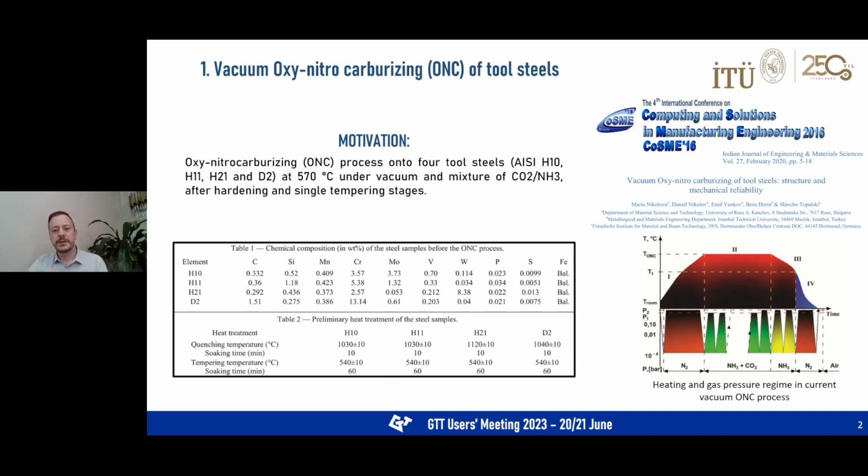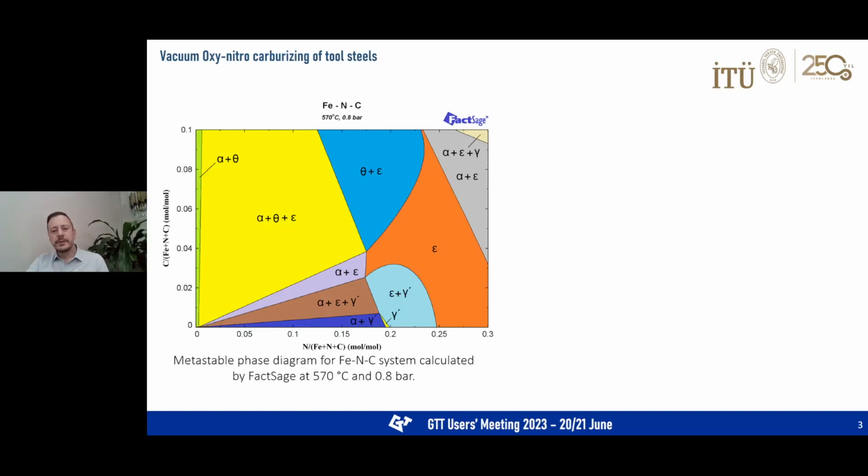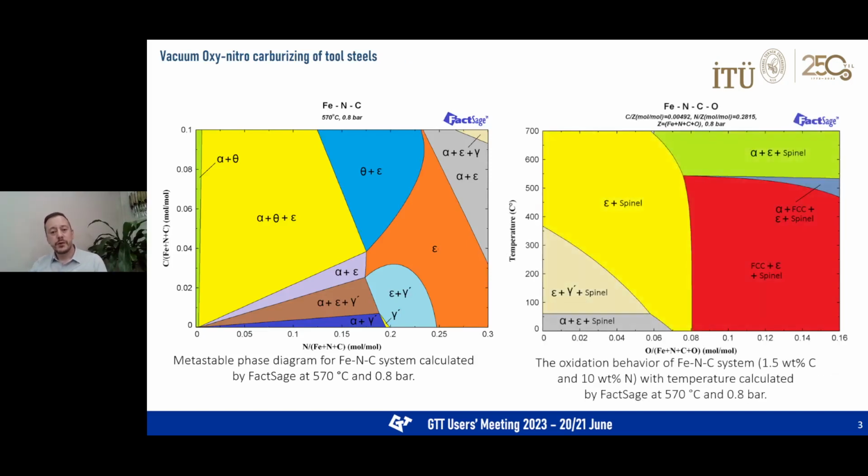Before these experiments, some phase diagram calculations were performed by using the advanced phase diagram module of FactSage. Iron carbon nitrogen interaction was important to simply understand the ONC process.